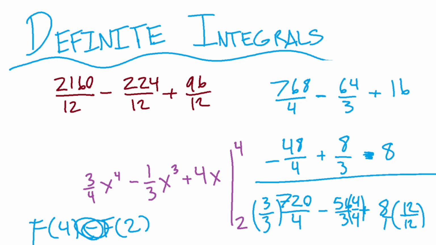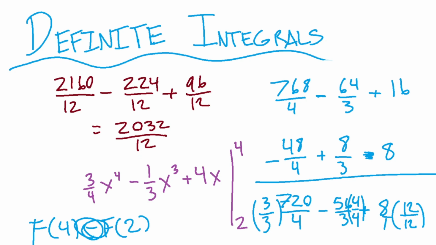And now the last step in this process is we just do this arithmetic. So 2,160 minus 224 plus 96 is equal to 2,032 over 12.